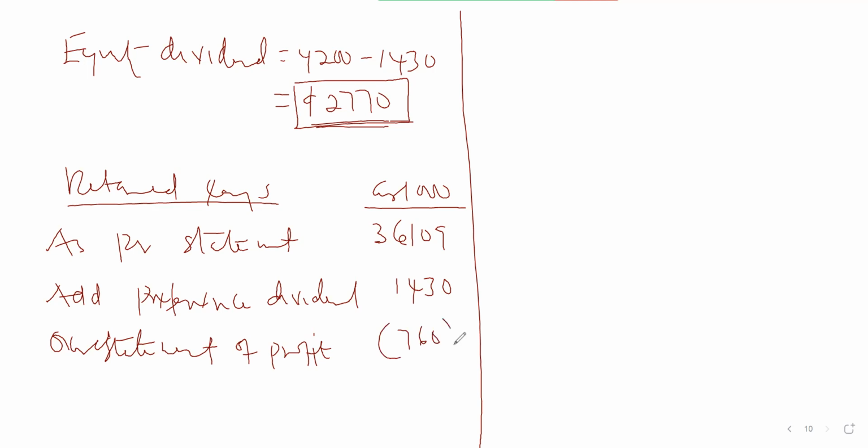What are you going to get for the retained earnings? 36,869. So 36 what? 670, not 760. Is 670. Yeah, the 670. Okay. Sorry.